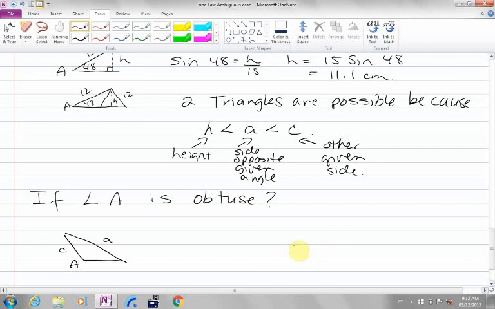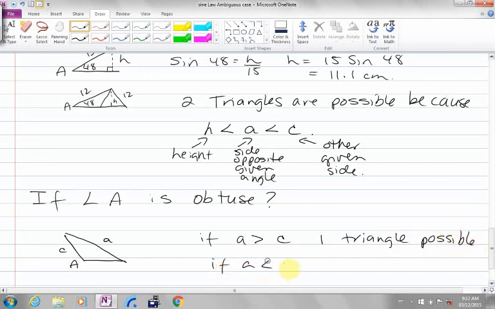So, as we talked about earlier, the longest side is always across from the biggest angle. So if angle A is the biggest angle, and it will be if it's obtuse, side A better be longer than side C. If it's not, there's no triangles possible. So if A is greater than C, one triangle possible.